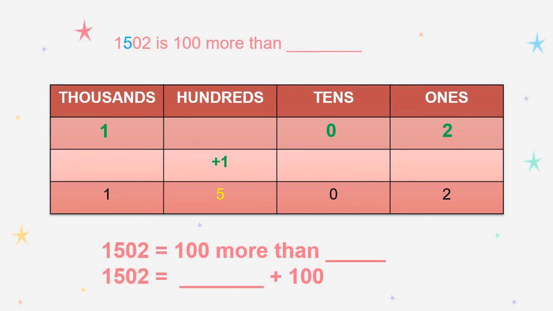Which number plus 1 becomes 5? 4, because 4 plus 1 becomes 5, right? So now you already get the answer. The answer is 1,402. Okay.